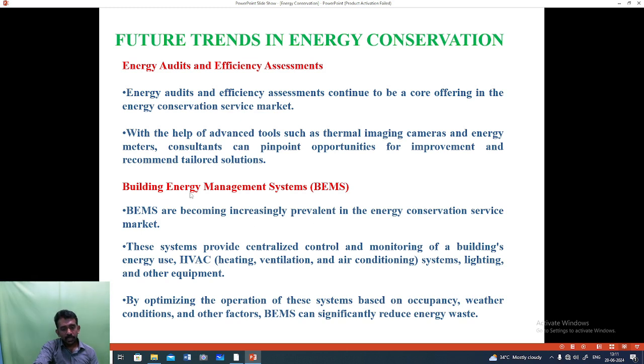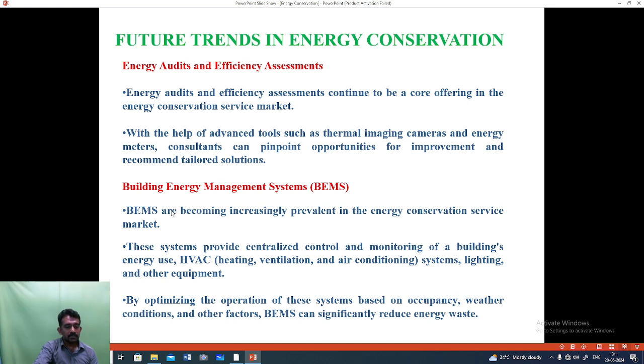And coming to the building energy management system, it is now increasingly prevalent in the energy conservation service market. This holds a lot of complex processes, and here the building automation software plays a vital role.